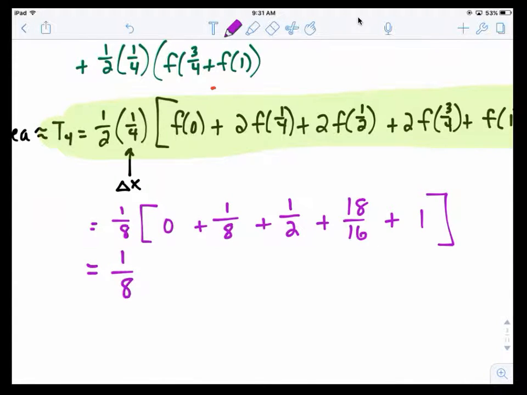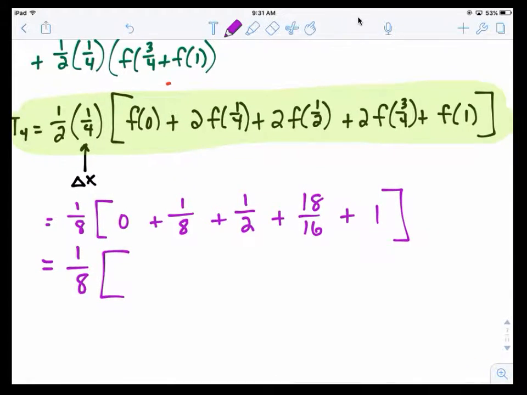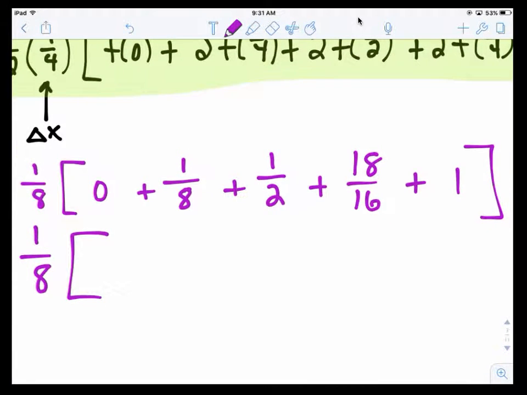Okay, so I got 1/8, and all right, 16 is probably the easiest one to use. So this is 16 plus 18 would be 34. What is it? 28/16.